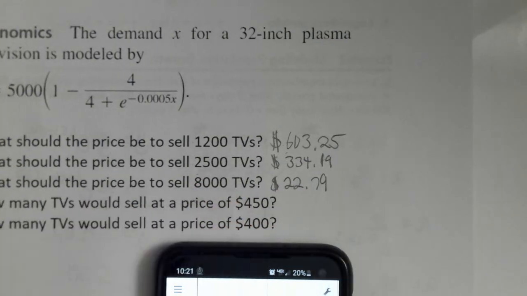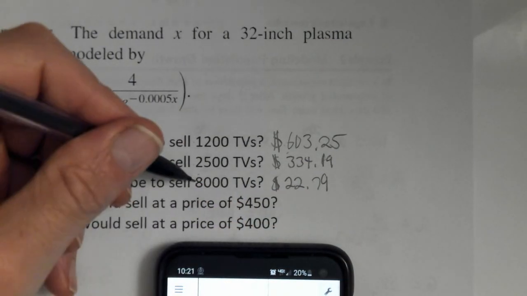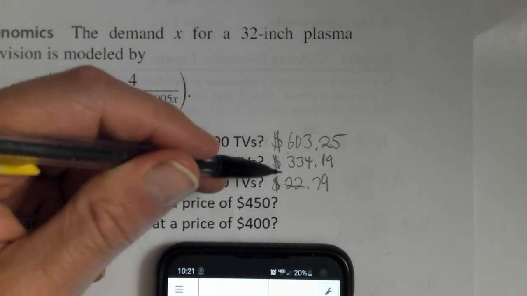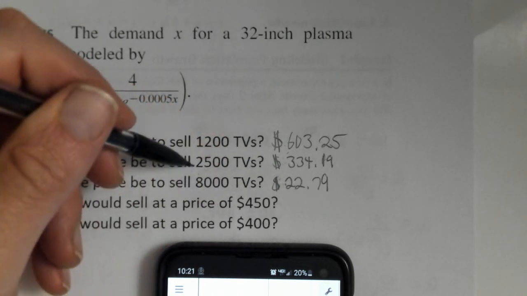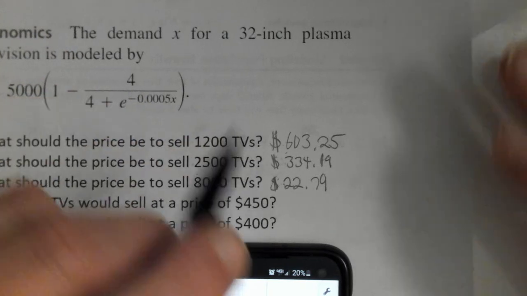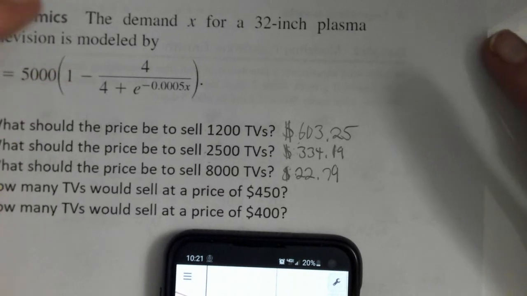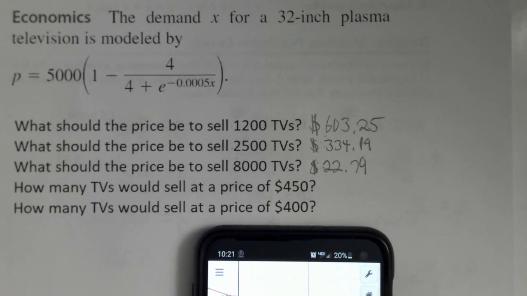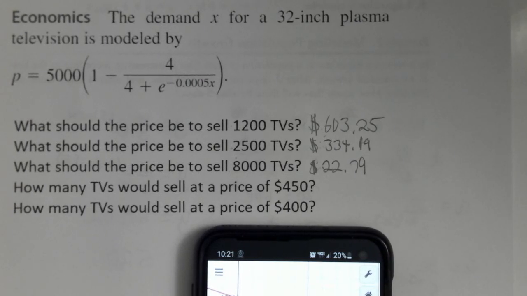But remember, at that price, even though they're selling 8,000 TVs, the company probably still wouldn't make enough money. So this type of equation helps businesses, if they have the data to create an equation like this, set their price to maximize their profit.